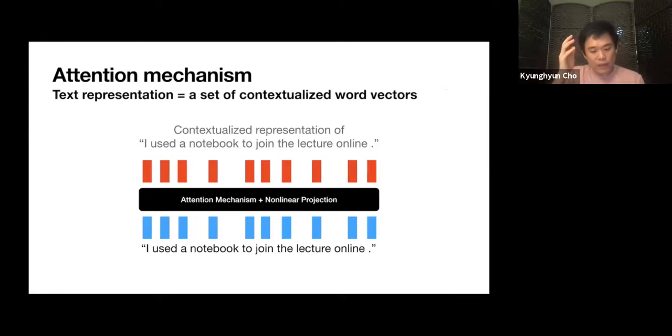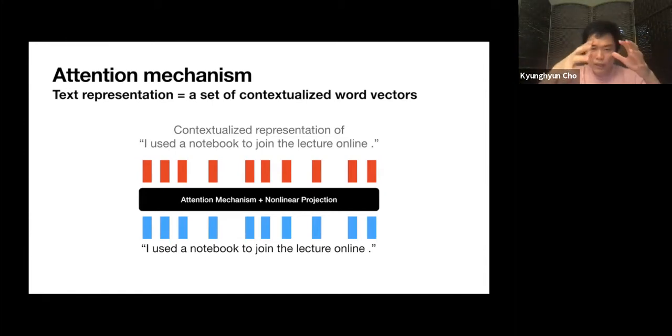Now then, using this attention mechanism for each and every word in the input, we can get for any sentence a sequence of contextualized word vectors. And we can consider this sequence, or set, of contextualized word vectors, this entire set, as the contextualized representation of the entire text, that is, the sentence.